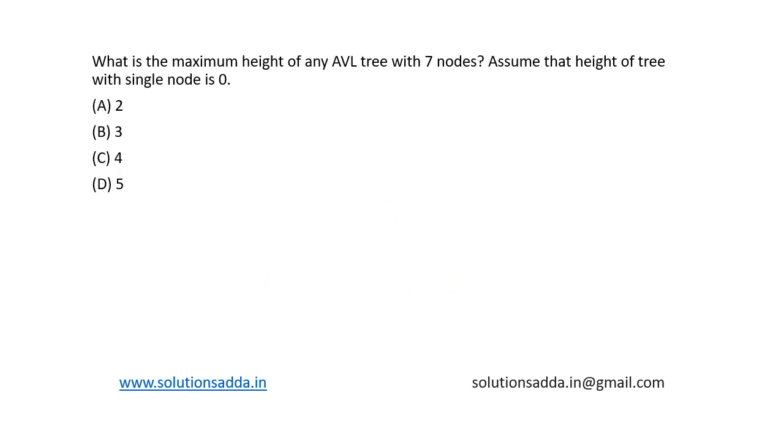This is a question from data structures. What is the maximum height of any AVL tree with 7 nodes? Assume the height of the tree with a single node is 0. So given that height is equal to 0 when nodes is equal to 1.